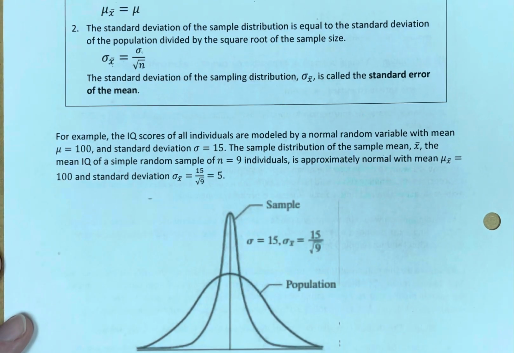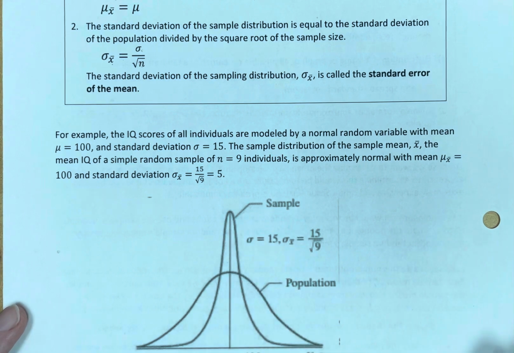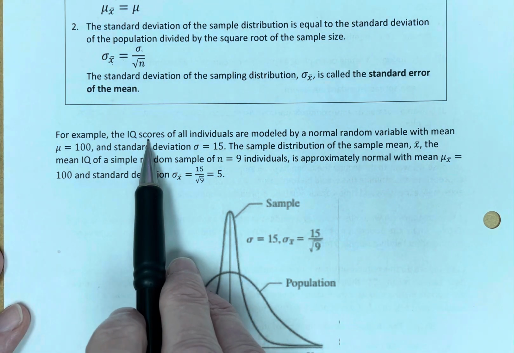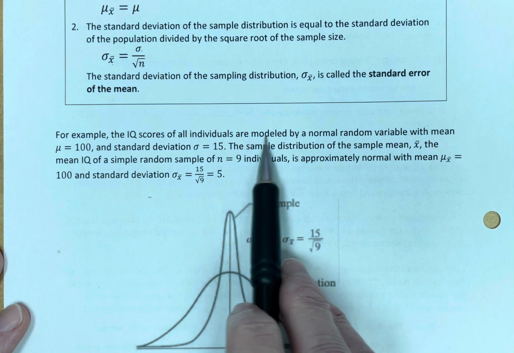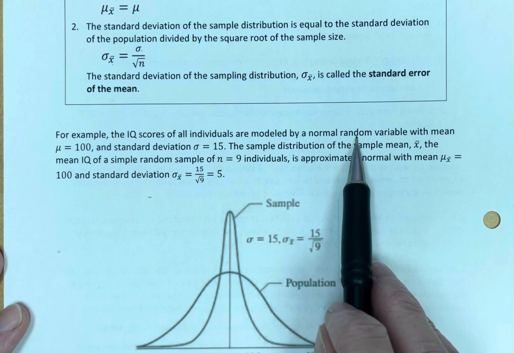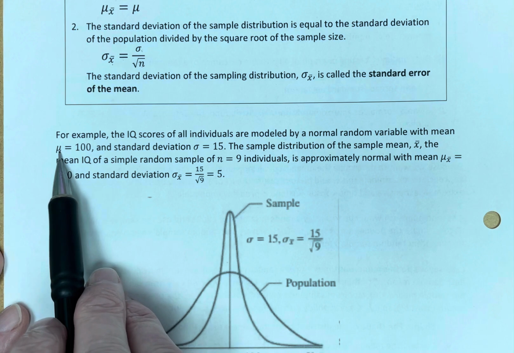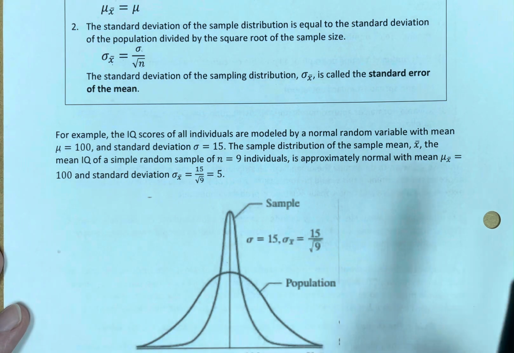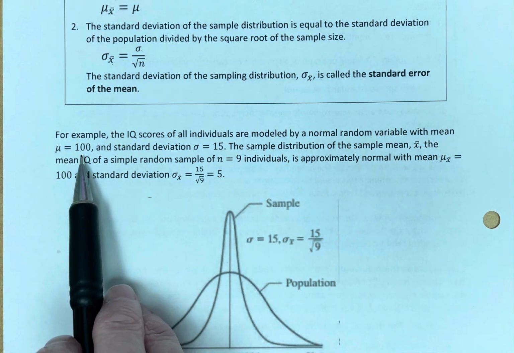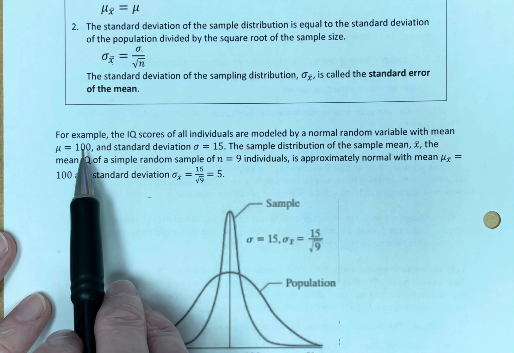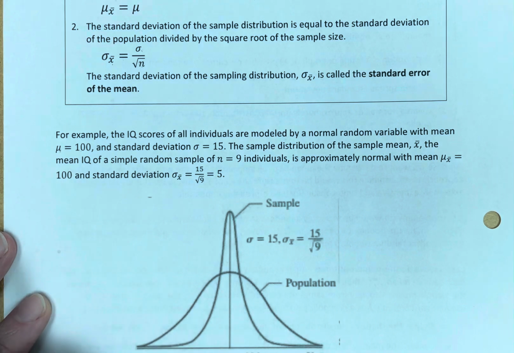All right, an example in words, then we're going to do an example with some numbers, and we're going to make use of the normal calculator. For example, the IQ scores of all individuals are modeled by a normal random variable with mean mu equals 100. Did you all know that IQs are all centered around a mean of 100?